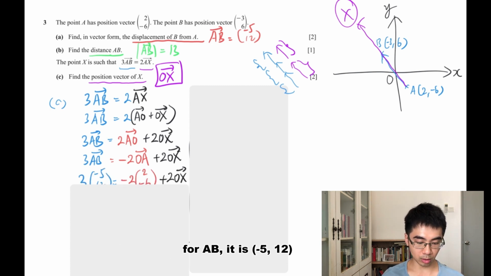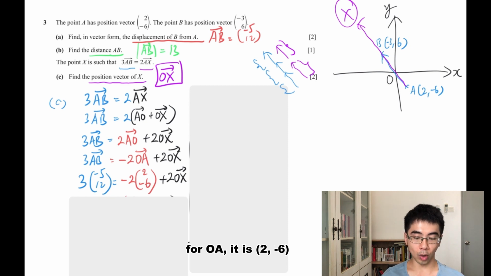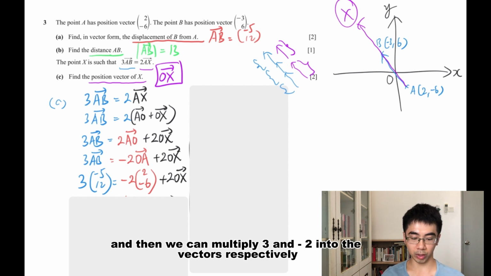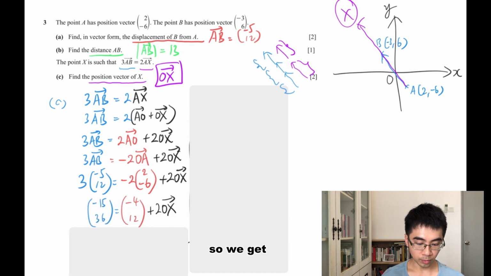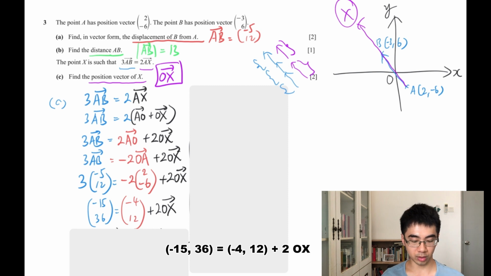So for AB, it is -5 and 12 from part A, and for OA it is just 2 and -6, and then we can multiply the 3 and the -2 into the vectors. So we got here -15, 36 will be equal to -4, 12 plus 2OX.